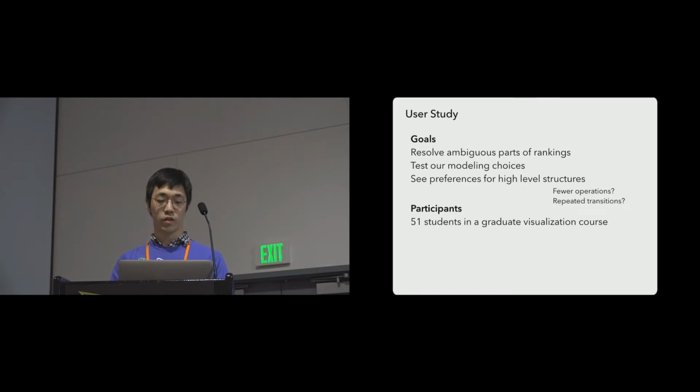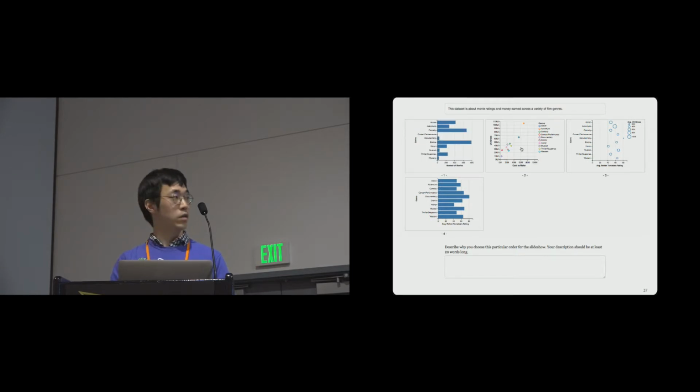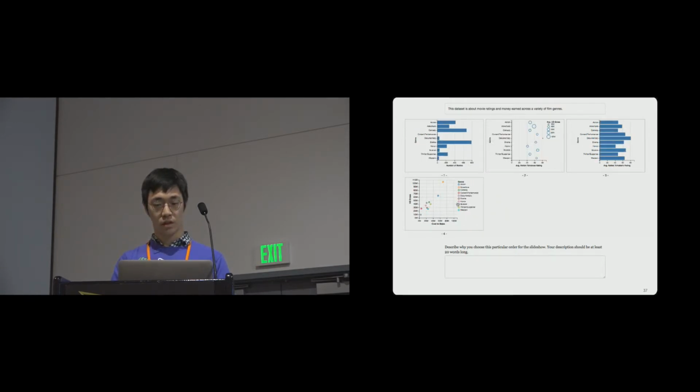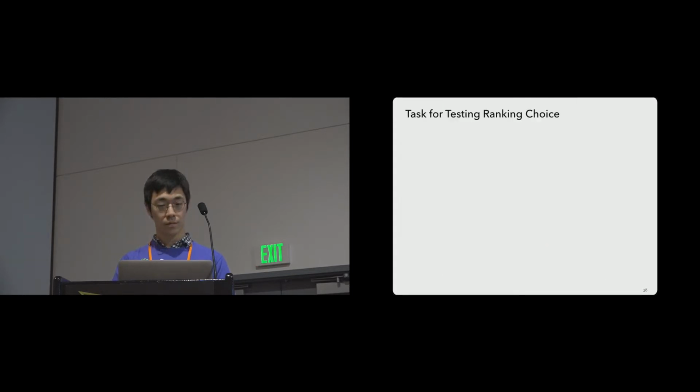We recruited 51 students in a graduate visualization course and asked them to sequence 7 sets of charts. Here's the experimental UI. Participants use drag and drop to sequence a set of charts as they want. Let me go through all 7 task designs and what we found from them.